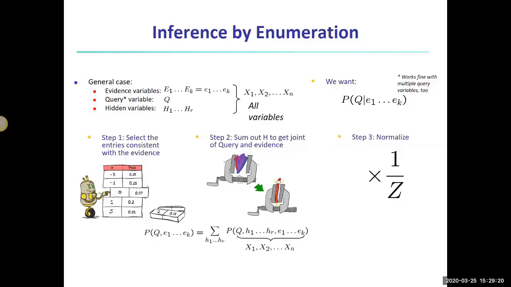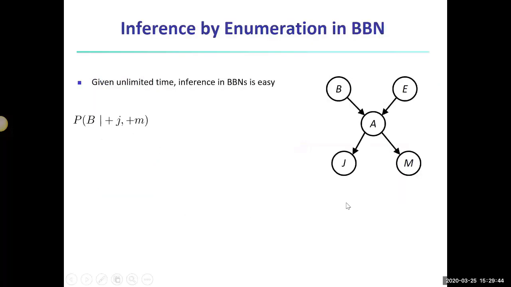With that, the final step to get the conditional probability is just to normalize. And we also went through that at the beginning. The purpose of normalization is to make sure all the probabilities sum up to 1, so that we know our final result is a probability distribution.